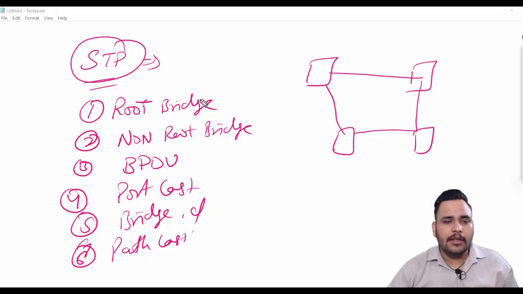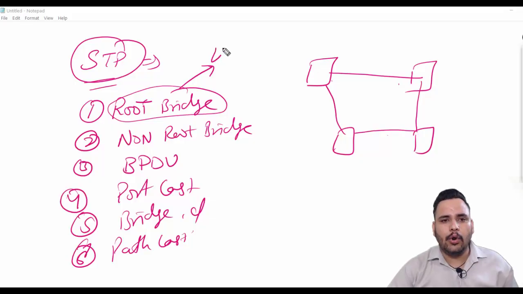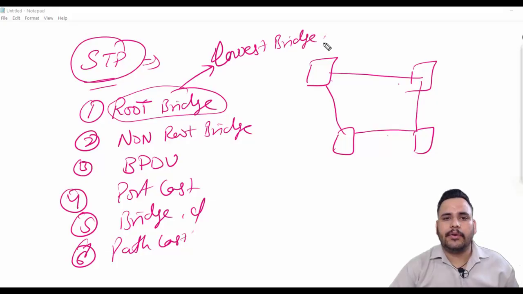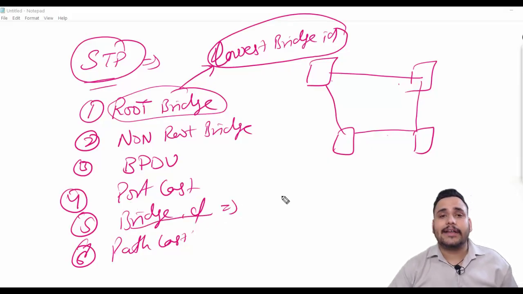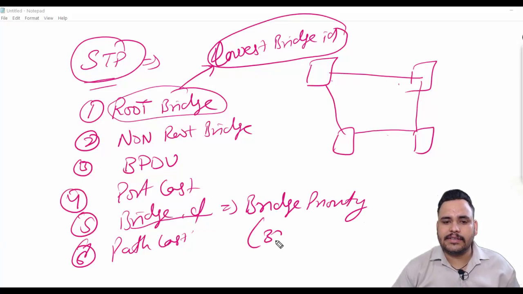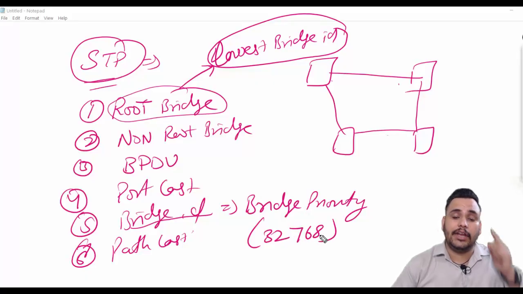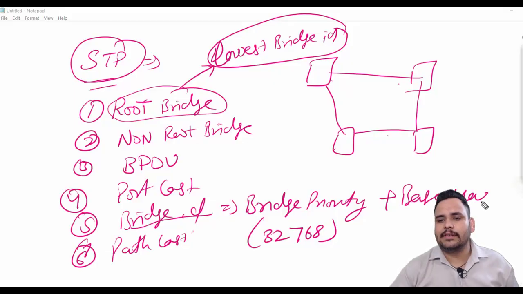Which one becomes the root bridge? The root bridge is the one with the lowest bridge ID. So first we need to learn about bridge ID. Bridge ID is the combination of bridge priority, which by default is the same on every switch, 32768, plus the base MAC address.